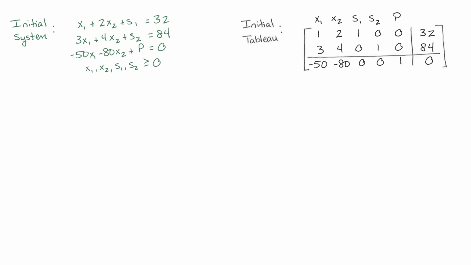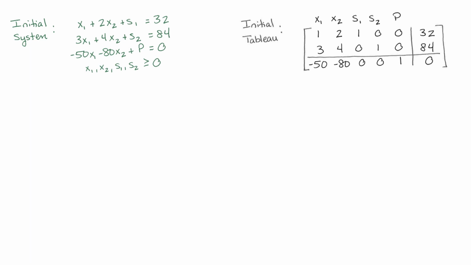Row 2, we use the coefficients of the second constraint. So 3 in the x1 column, 4 in the x2. There are no s1s, so we have 0, 1 in the s2 column, 0 in the p column, and it's equal to 84. So 84 is in the last column.